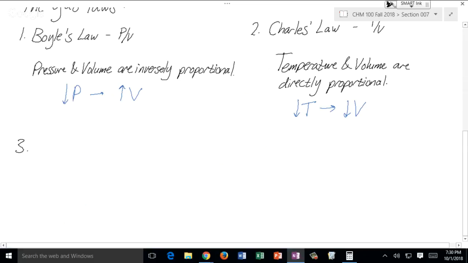And the next one, I think it's not actually in the book. It's sometimes not given its own name. Sometimes it's called Gay-Lussac's law. Sometimes it's just whatever. So we'll just call it pressure and temperature.